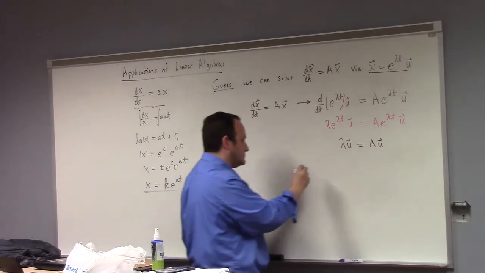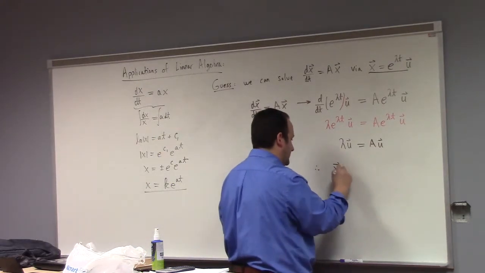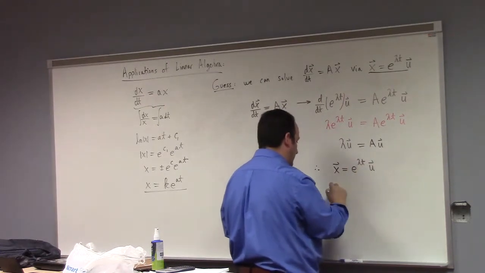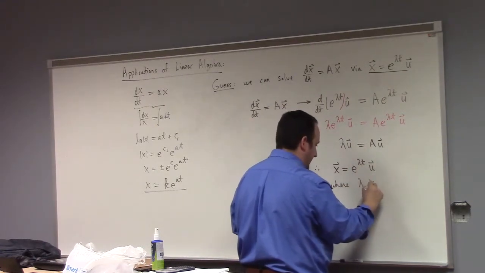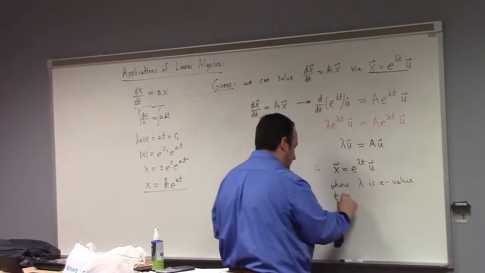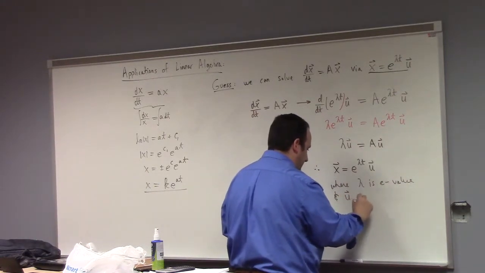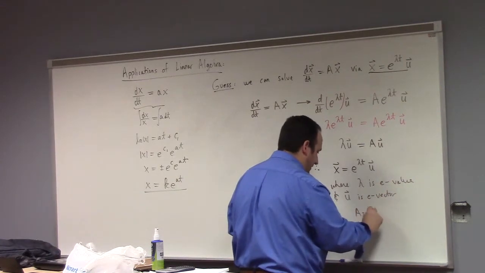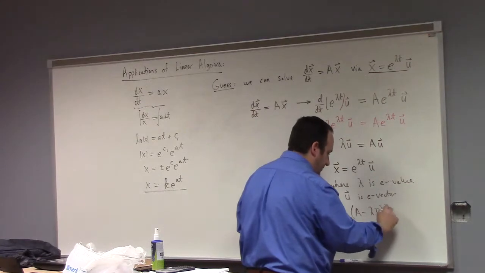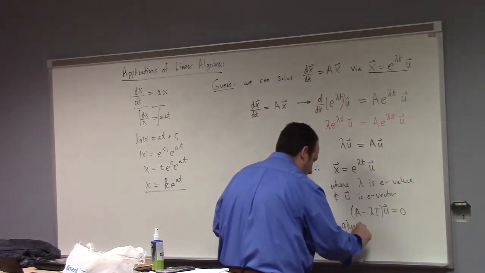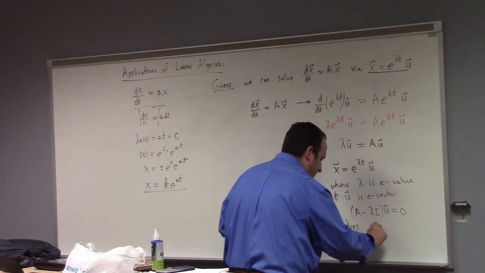So therefore, x equals e to the lambda t u, where lambda is an eigenvalue and u is an eigenvector, right? Solving (A minus lambda I) u equals 0 gives, I call these eigensolutions.